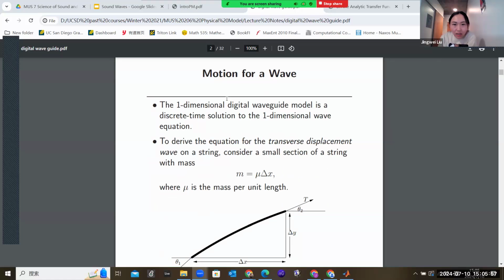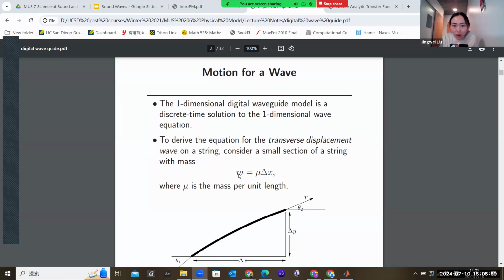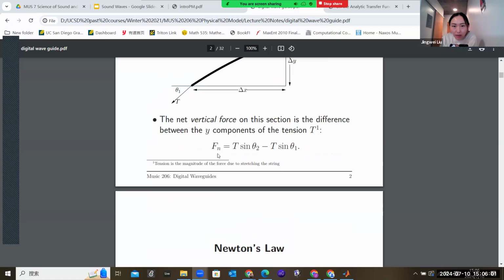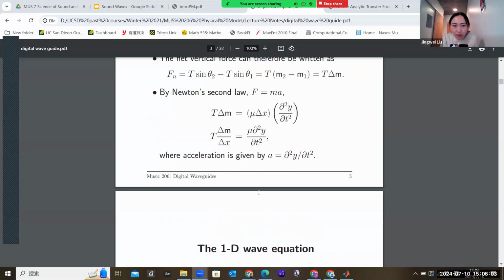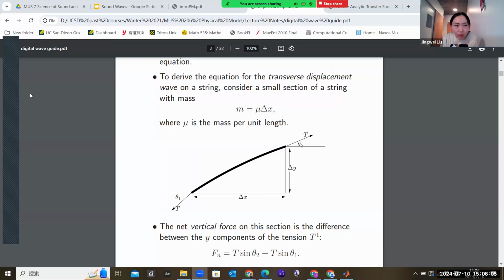Okay, so this is motion for a wave. You already saw this, and because I skipped this a lot, let me just give you some very brief illustration here, in case you're interested. So here you have the tension, right?